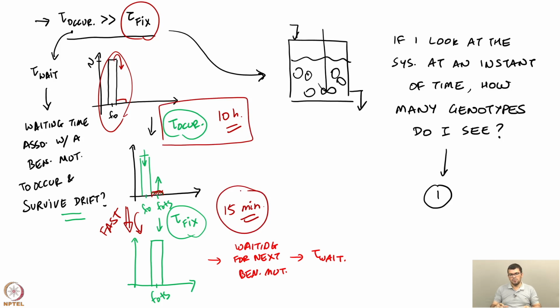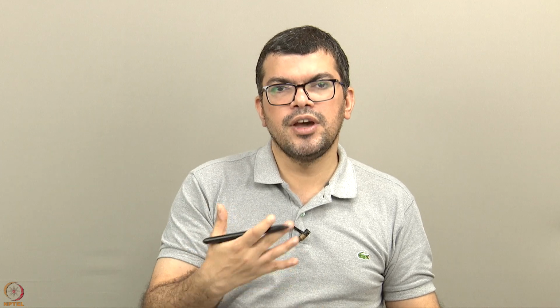As a result, when I take a snapshot of this chemostat, I will only see one genotype at a time more often than not. Occasionally it is possible that I will see two genotypes while this is going to fixation and that one is going to extinction. In that case the answer will be 2 for very few instances of time, but the most frequent answer that you will see in this regime is only 1. And we will continue this discussion in the next video.